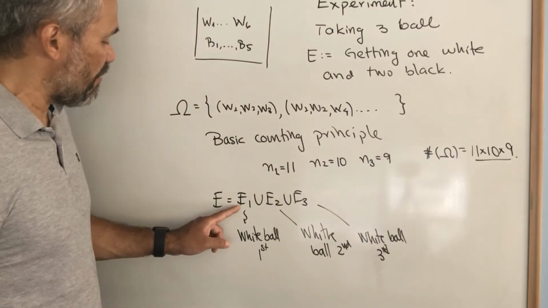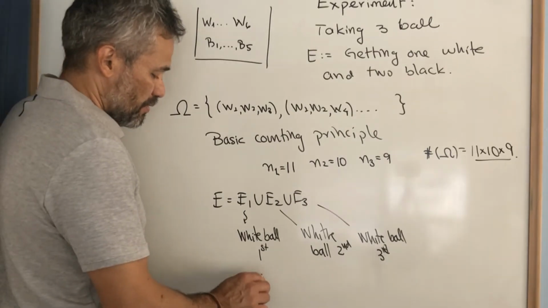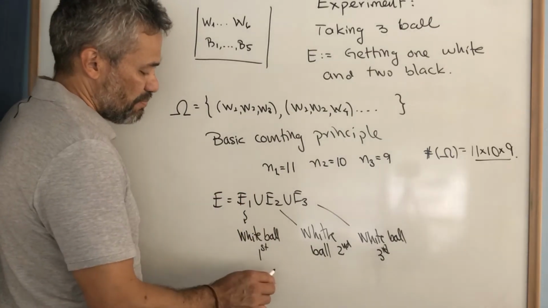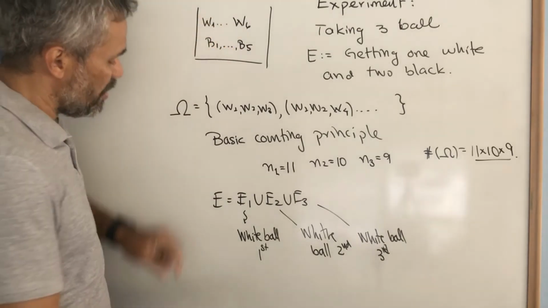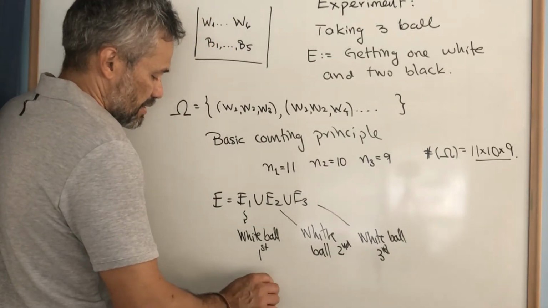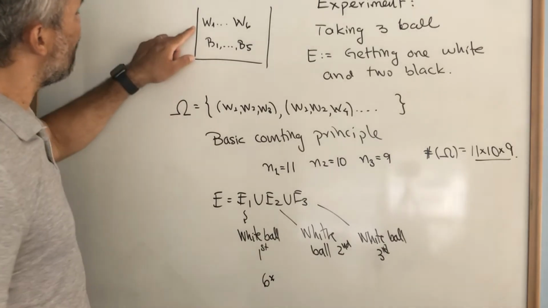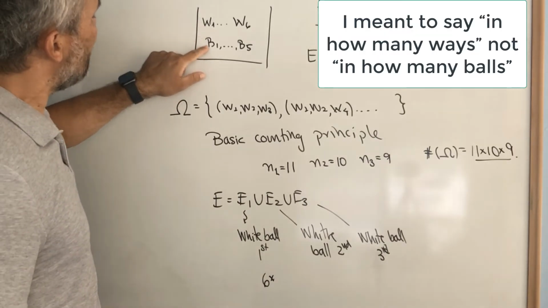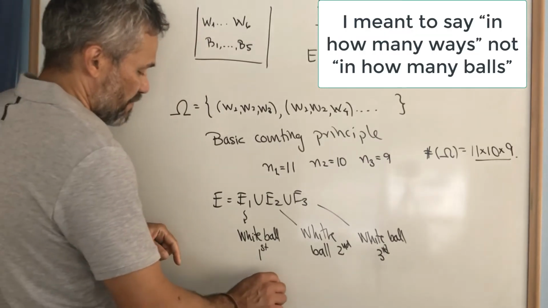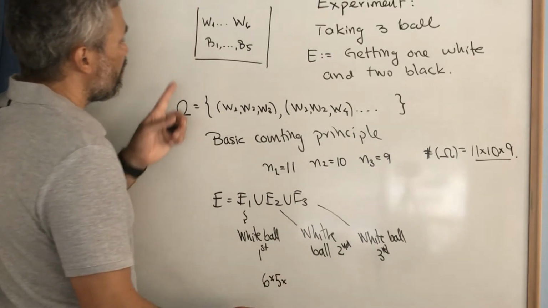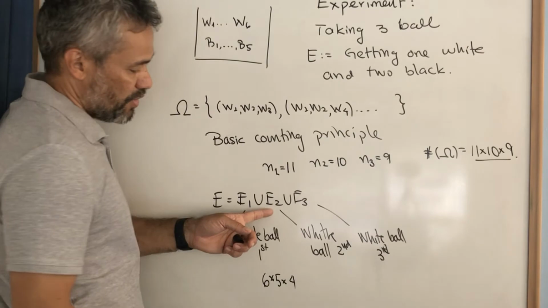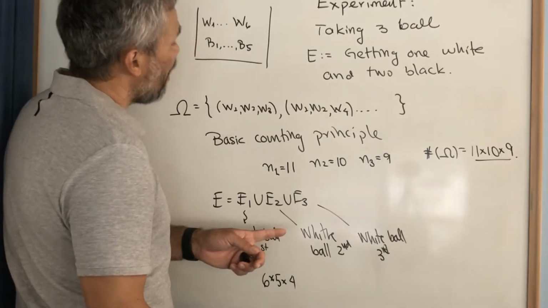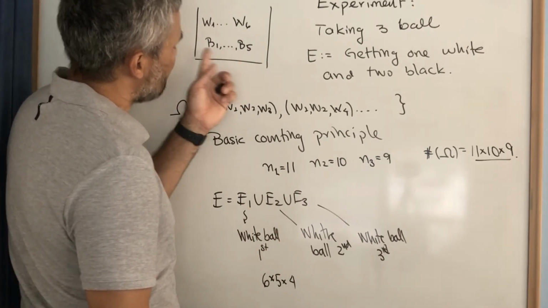Then the number of elements of E1, again using the basic counting principle: how many ways can we select a white ball? It will be 6, and then how many ways can we select a black ball? 5, and then a second black ball would be 4. For E2, how many ways can we select a black ball?